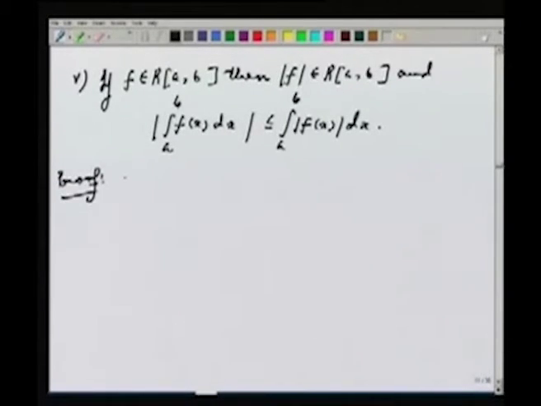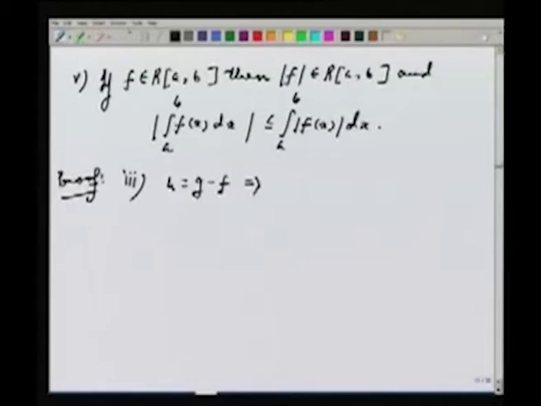So I start with the proof of 3. What I do is, I define h equals g minus f. f and g both are Riemann integrable. This then implies that h is Riemann integrable by 2.